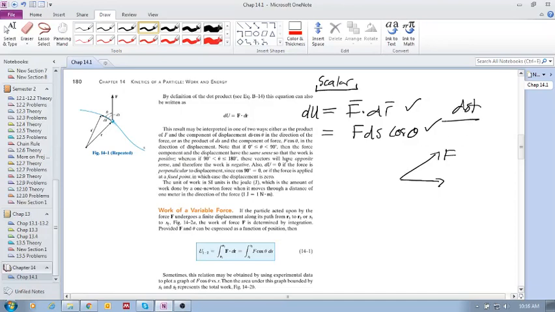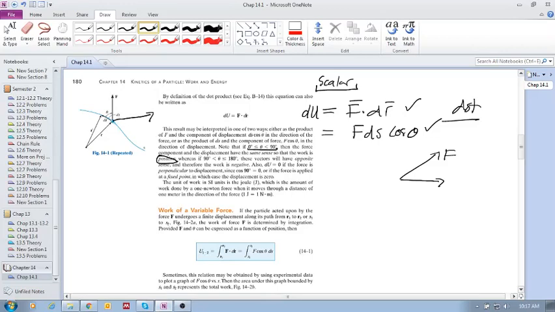Alright. So now what does this mean? If this angle between the force and the displacement is between 0 and 90, then we will have positive work. That means that the component of the force is in the same direction as the displacement. The second one is if this angle is greater than 90 and smaller than 180.